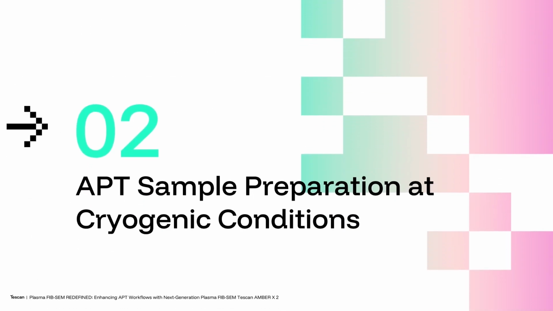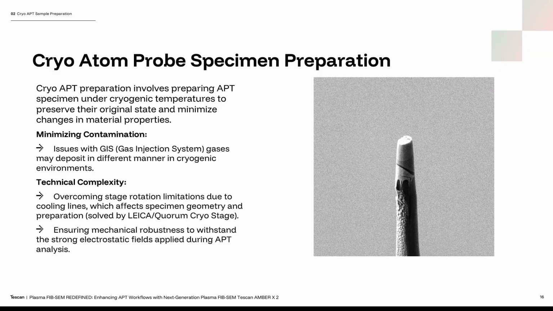Let's move now to another challenge, which is the atom probe sample preparation at cryogenic conditions. The idea behind the cryo process is that it ensures that the material's original state remains intact throughout the FIB sample preparation. Basically, cryo atom probe preparation allows us to work with samples under cryogenic temperatures, minimizing sample damage while maintaining sample chemical stability.